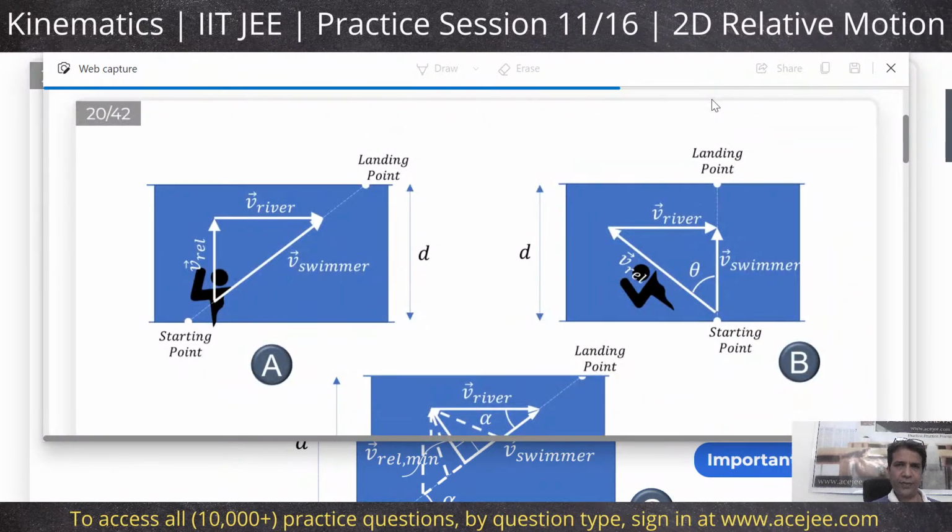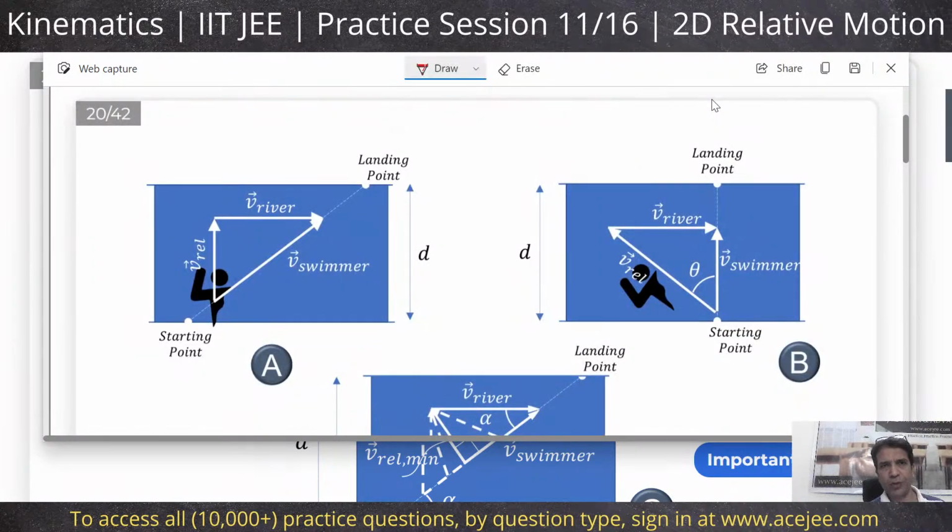So let's look at the three different types of questions you can expect involving a swimmer in a river or an aeroplane flying in windy conditions. That means the wind is blowing at a certain speed. You'll be given the speed of the plane relative to the wind. So it's exactly the same as the swimmer in river problem.